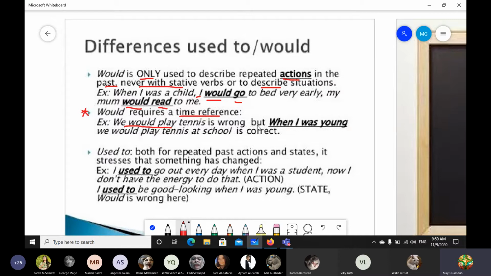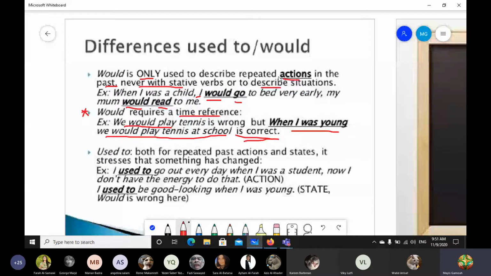So إذا أنا بحكي when I was young which is the time reference اللي هو المرجع الزمني اللي أنا عمالي بحكي عنه when I was young we would play tennis at school. This sentence is 100% correct. Why? Because I added a time reference with it which is when I was young.